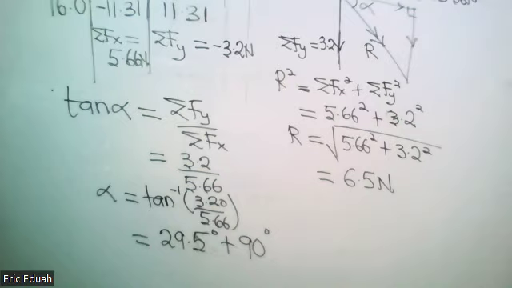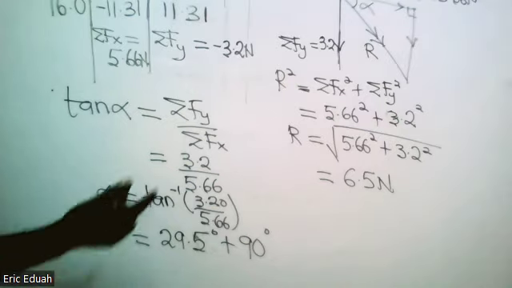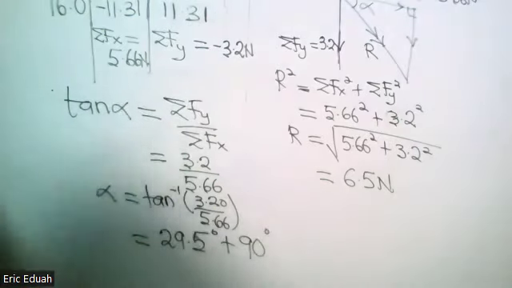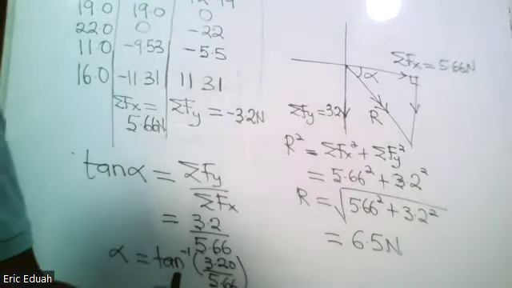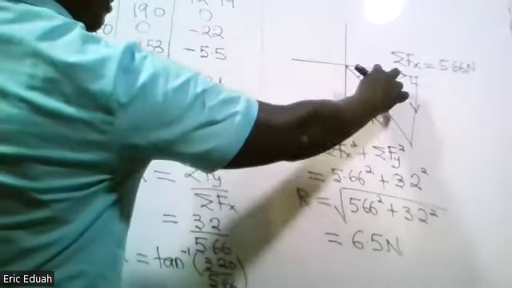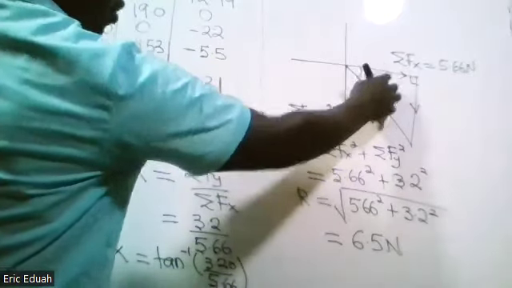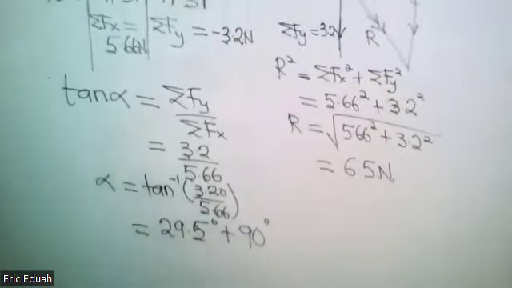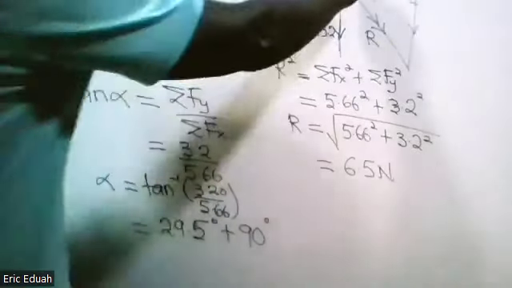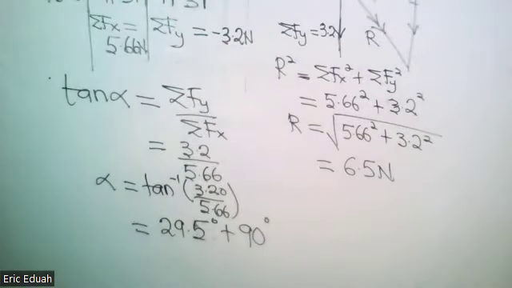So if you want to talk about 29.5 degrees, you must qualify where you are taking the measurement of that angle from the east. Then if you want to take it from the north, you must add 90.